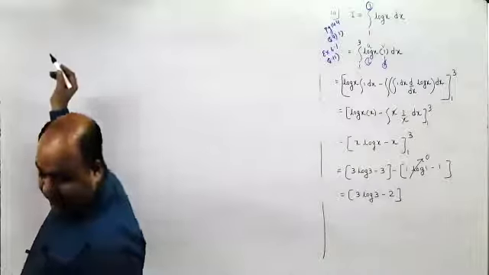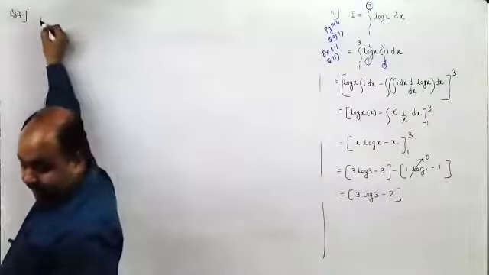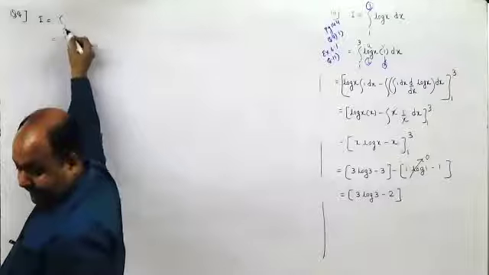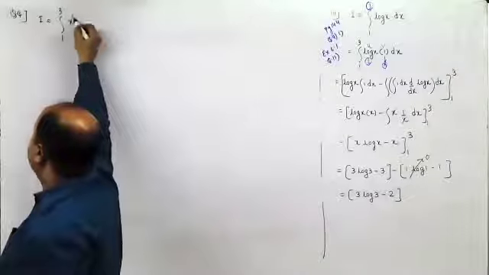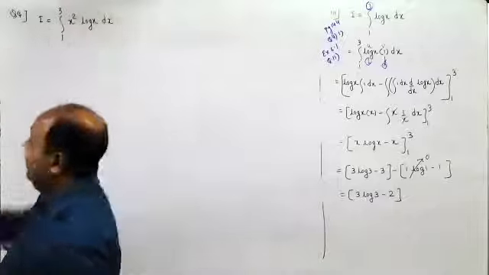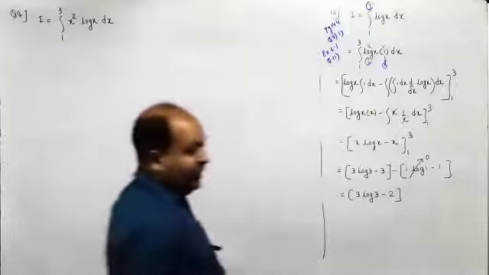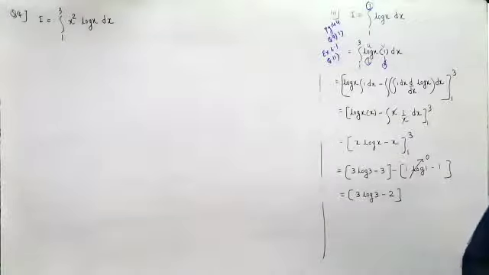Next is x square log x. So we'll take u into v over here. This is a product of two terms.